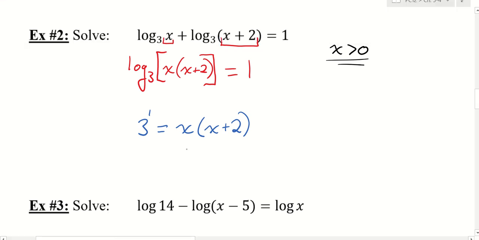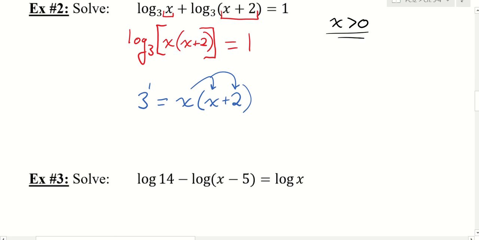All right, so again, I'm in my exponential form, and you know what? This is really just a quadratic equation at this point, which we can solve, right? We could solve quadratic equations like this in pre-calculus 11. So let's do that. 3 equals x squared plus 2x. Let's subtract 3 from both sides. If we subtract 3 from both sides, we get this quadratic expression on the right-hand side that we can factor.